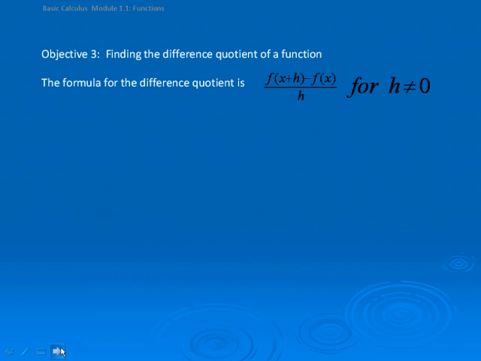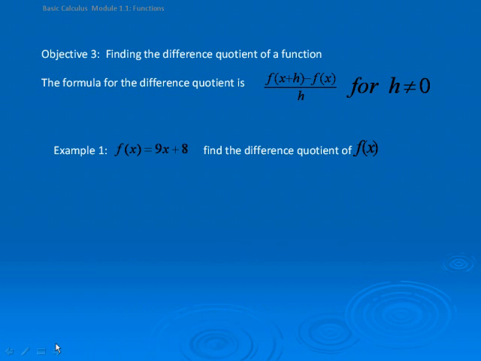And our last objective for this section is to find the difference quotient of a function. The formula for the difference quotient is f of x plus h minus f of x all over h. Okay. Let's use this formula in our first example. If we are given that f of x is equal to 9x plus 8, we're going to find the difference quotient.